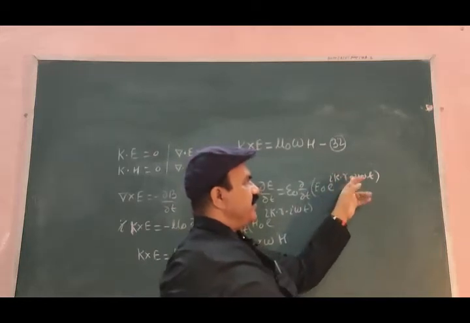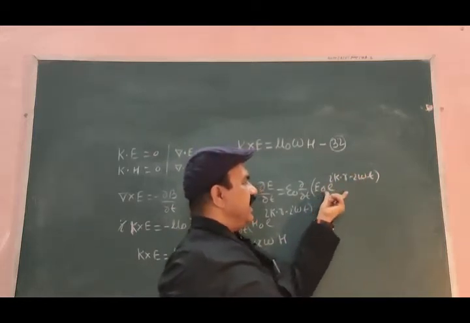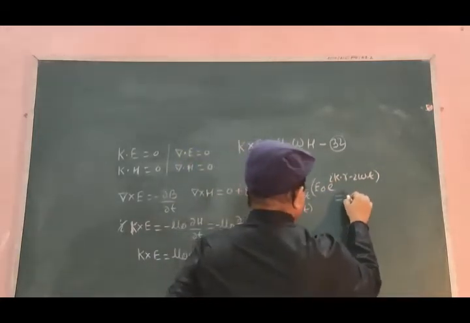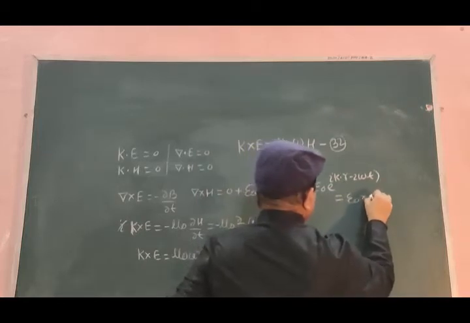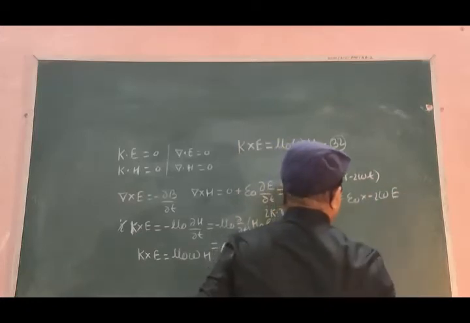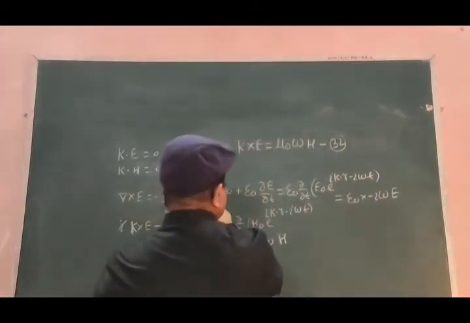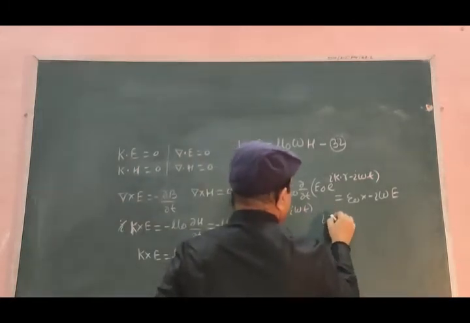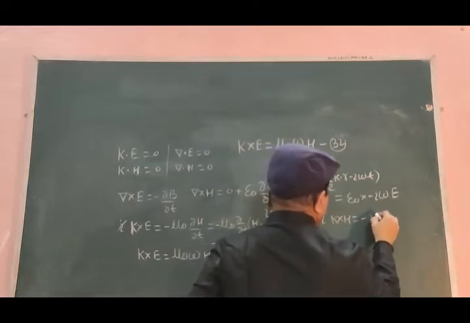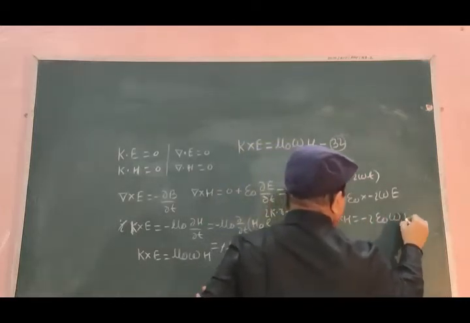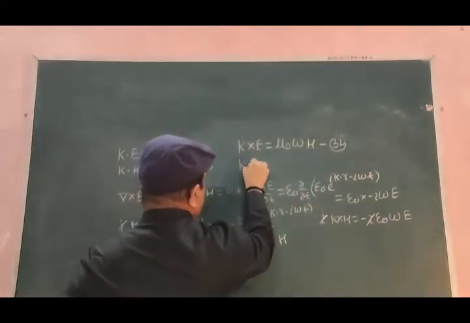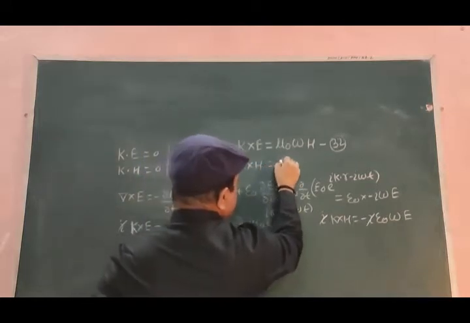Differentiation of this part will be 0, minus I omega will come here, and here we will get E, and that is epsilon 0 into minus I omega into capital E. This del cross H is I into K cross H, equals minus I epsilon 0 omega E, I gets cancelled, and the next equation we got here is this.